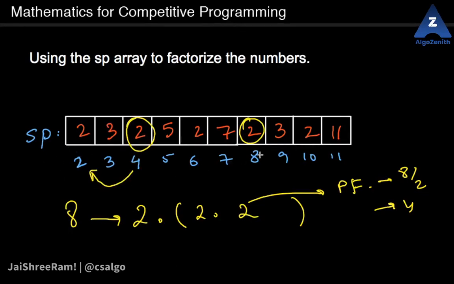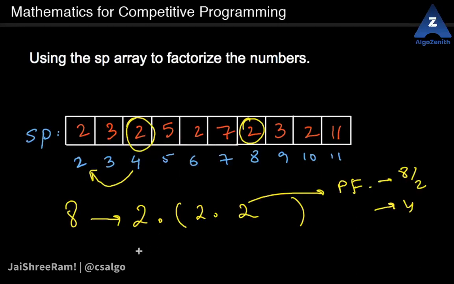So what we are doing is, for every number we are just finding the smallest prime, removing that smallest prime from the number, and for the smaller number that we get, we are again using this SP array to calculate the prime factorization, right?